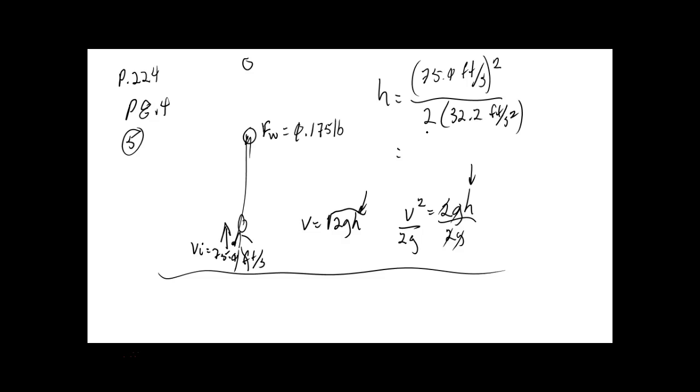Maybe about 4,000. 4,500. That's 75 squared. Okay, now not square root, squared.